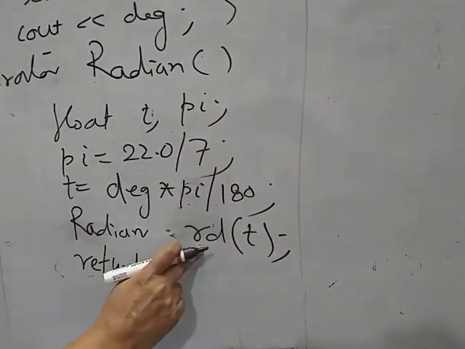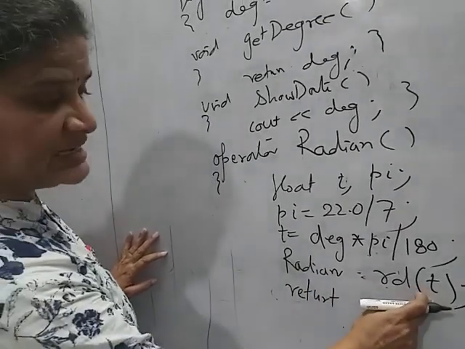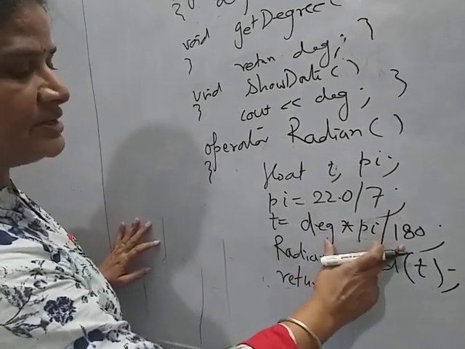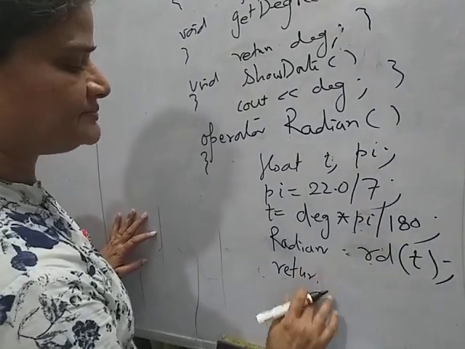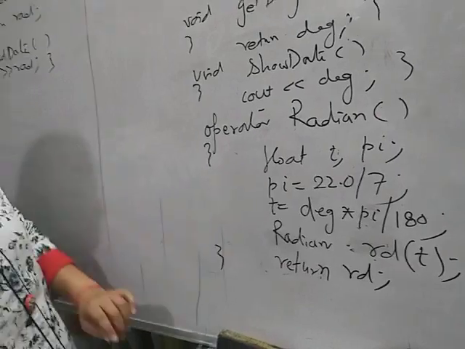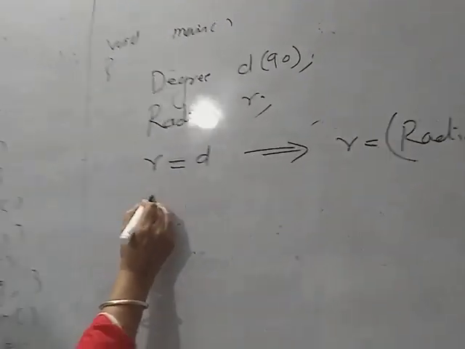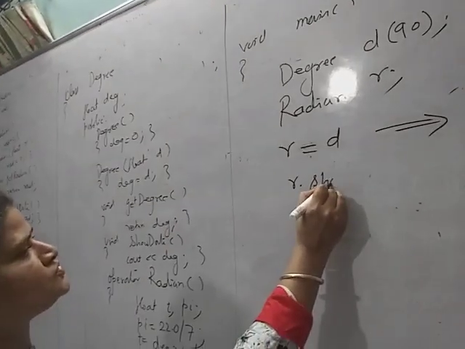I am simply creating the object of radian class with argument t, which is converted from the degree. Return RT. Now see what return RT does.